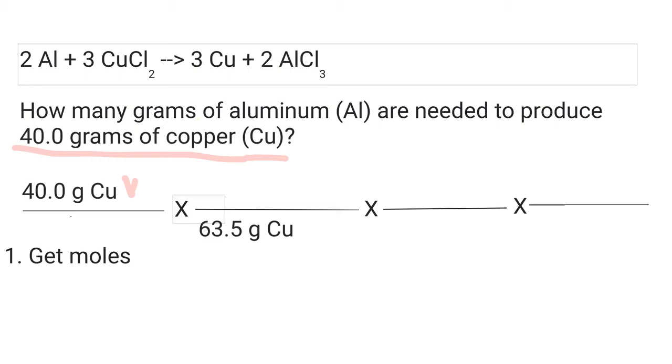And again, when you do that, you can get things to cancel out. So grams of copper will cancel out with grams of copper there. Now, on the top of that first ratio that I'm putting in, I put 1 mole because the first step, again, is to get moles. So that is the first step taken care of. I got it to moles.